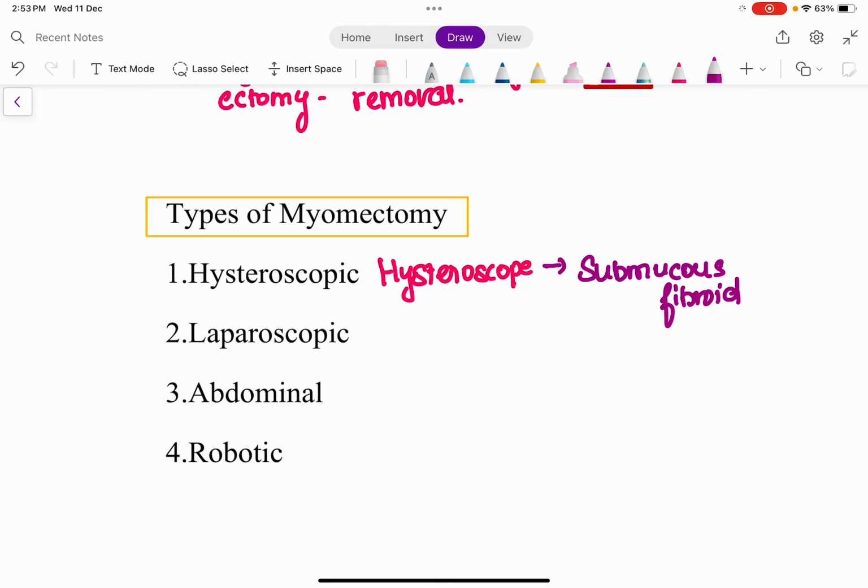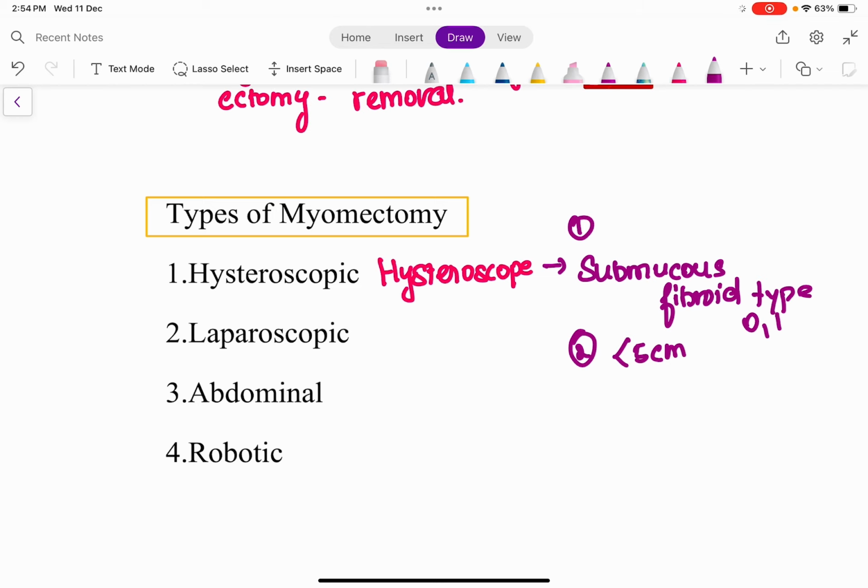In type 0 and type 1, more than 50% of the fibroid is situated in the uterine cavity, so it can be removed by hysteroscopic myomectomy. That is one indication. The other is that any submucous fibroid less than 5 cm in size can be removed by hysteroscopic myomectomy.